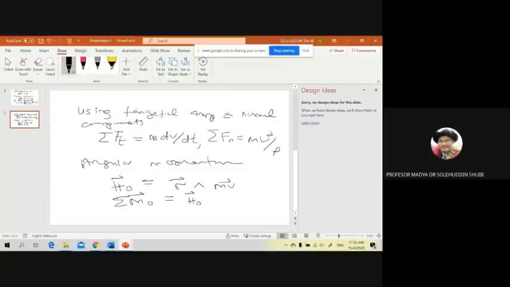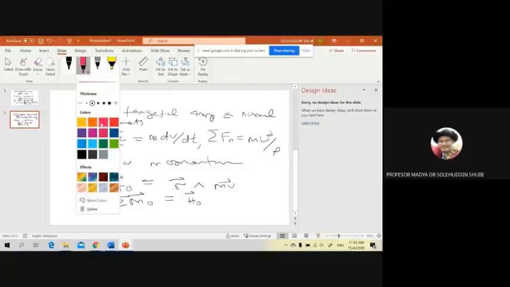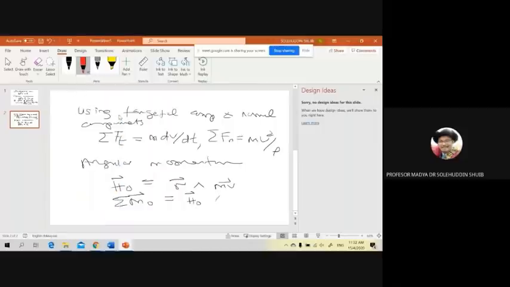Let me use a different color, red. Rate of change of angular momentum.